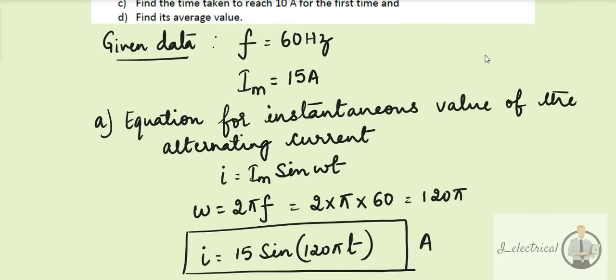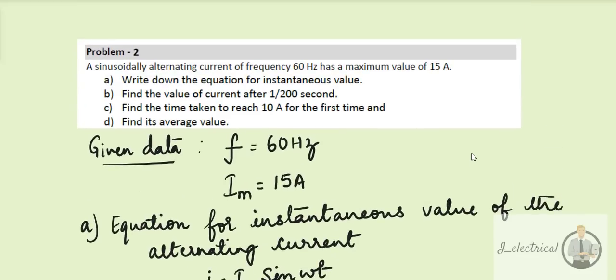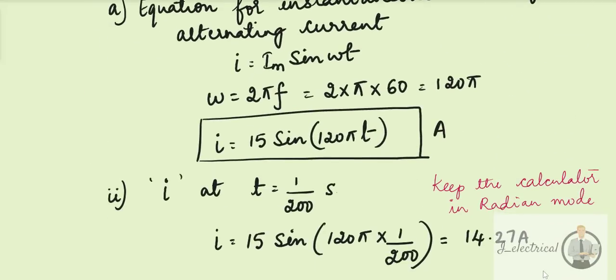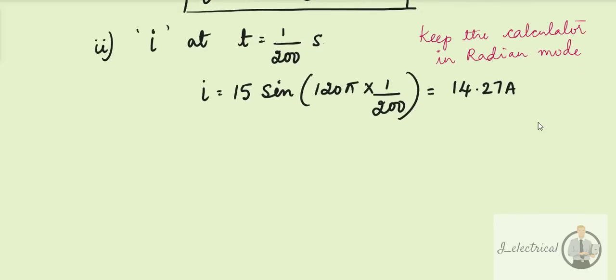Next, I need to find out the time taken for the current to reach 10 amps for the first time. In the second section, they asked you to calculate the instantaneous value at some time 1 by 200 seconds, whereas in the third part, they are giving the instantaneous current when I is equal to 10 amps.